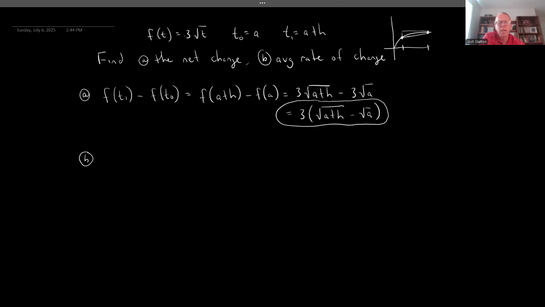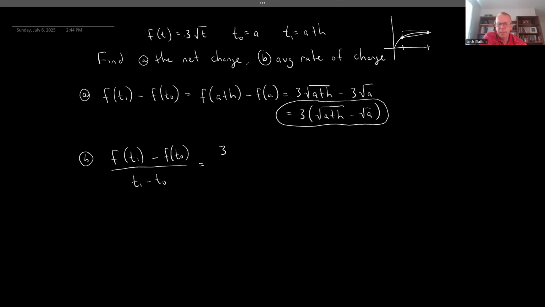So if you recall the slope formula, f of t1 minus f of t naught over t1 minus t naught, or as you probably heard it stated in algebra, y2 minus y1 over x2 minus x1. This is the same thing as what we're doing here. So f of t1 minus f of t0 is just what we found up here.